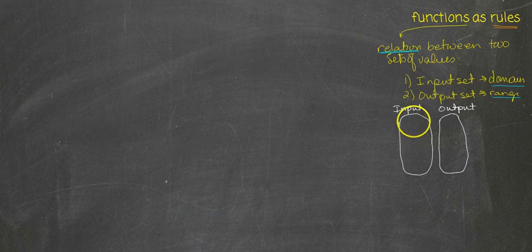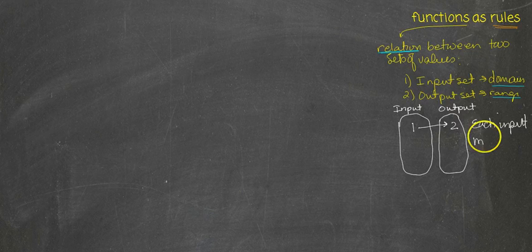So if I put into a function the number 1 and it gives me out the number 2, we're good to go, because there's a special rule that says each input maps or points to, let's say points to, exactly one output.